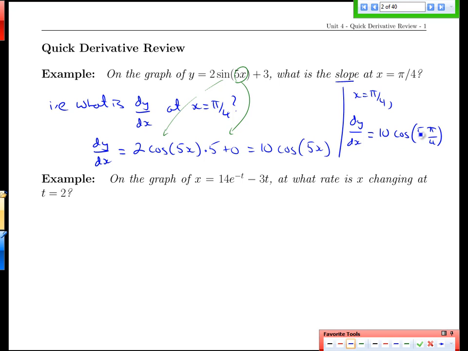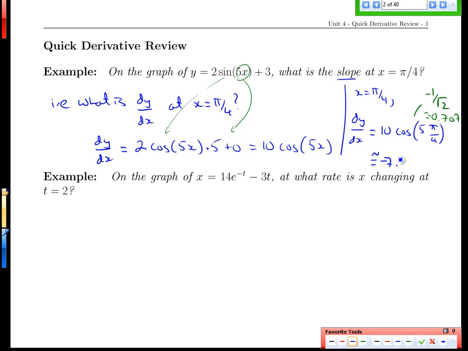And if you reach for your calculator, you'll find out that the value of cosine of 5 pi over 4 will be negative 1 over root 2, or if you like, around negative 0.707. And so this would turn out to be 10 times that, or approximately negative 7.07. That would be the slope at x equals pi over 4.